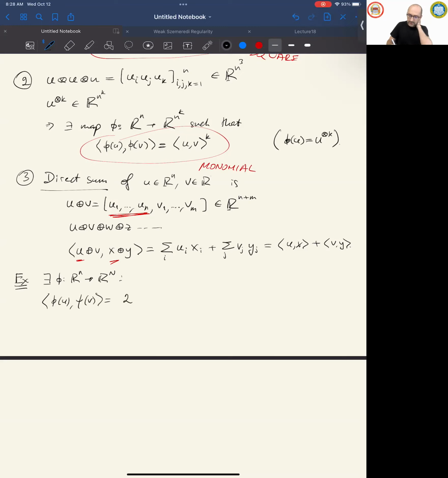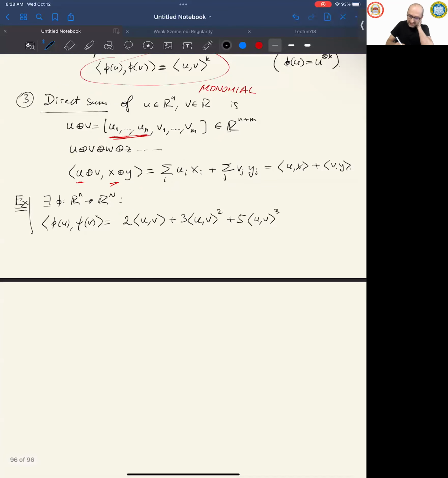I don't know, I'm just making this up, but 2uv, maybe the original one, plus 3(uv) squared plus 5(uv) cubed. Okay, so what do we do? Let's see.